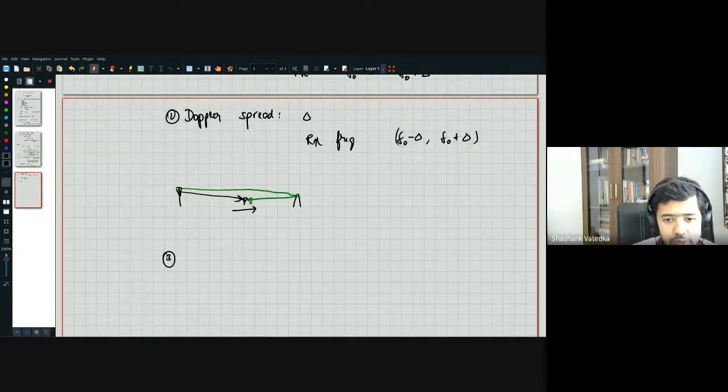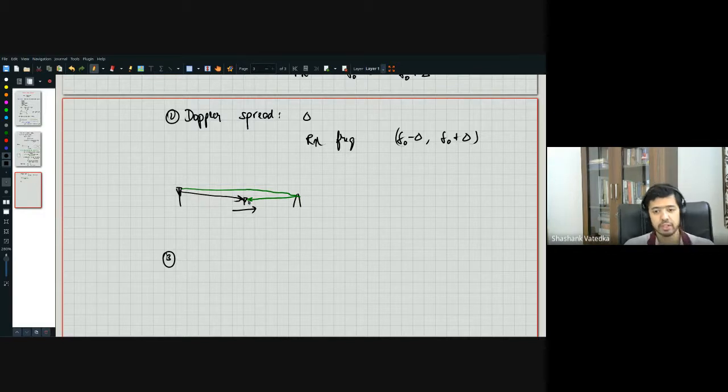So in some sense there is a difference in the time taken by a particular signal to be received along the shortest path and the longest path. So maybe the delay along this path is tau1, whereas the delay along this path is tau2.